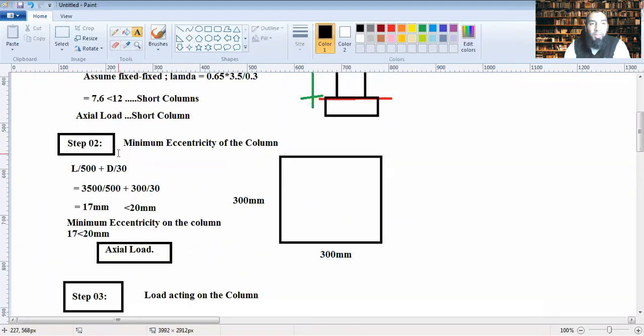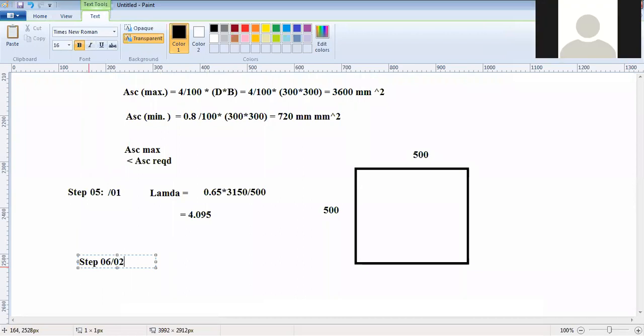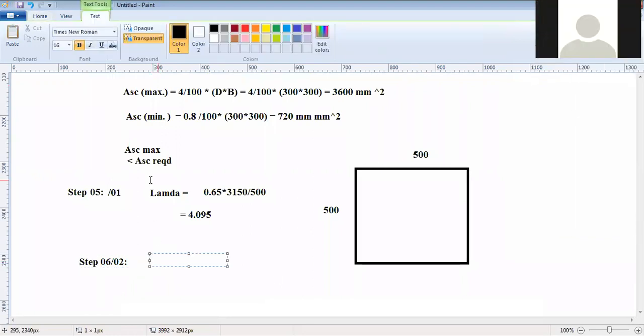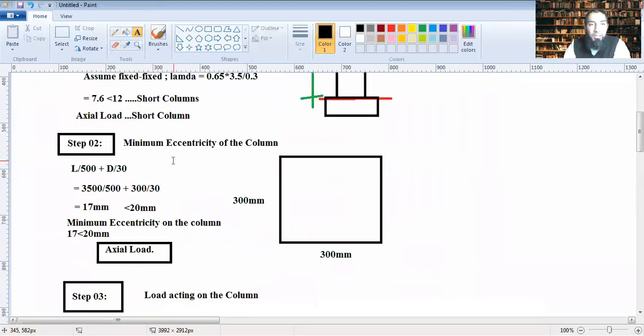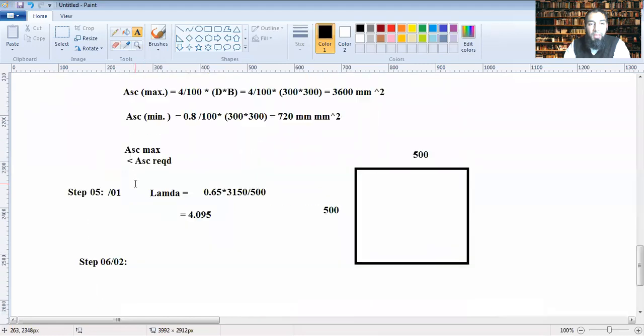Then again, going back to step number 2. तो स्टेप नंबर 2 आपका क्या आ रहा है अब? This is minimum eccentricity of the column. कितना आ रहा है? L by 500 plus D by 30. D now is 500.